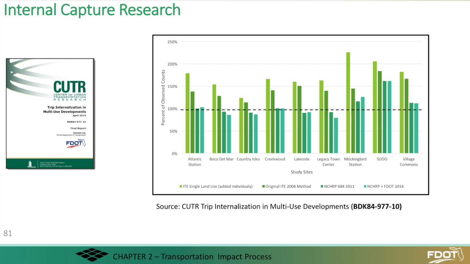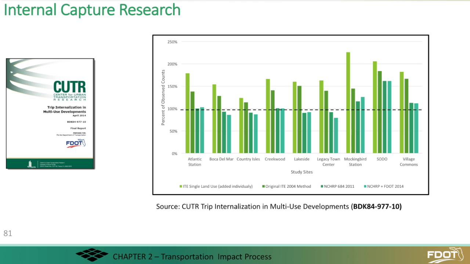As you can see, the study that CUTR has done is very close to NCHRP. If you can see the colors well, the lime green is the ITE single land use, next to it is the original ITE 2004 method, and the one next to it is the NCHRP 684 that was done in 2011.